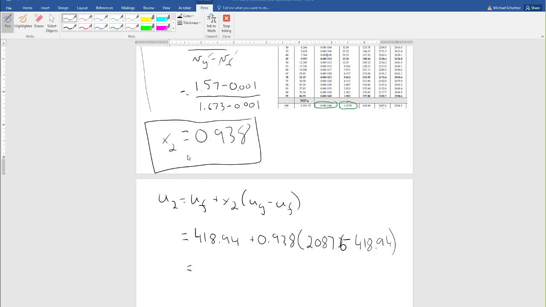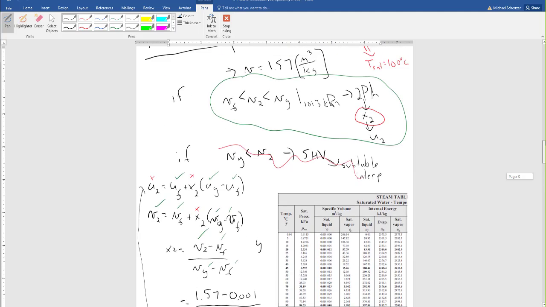So I get 1,984.1 kilojoules per kilogram. This number makes sense because it's got to be in between 418 and 2087, and it should be closer to 2087. So this 1984.1, I can put into my table.